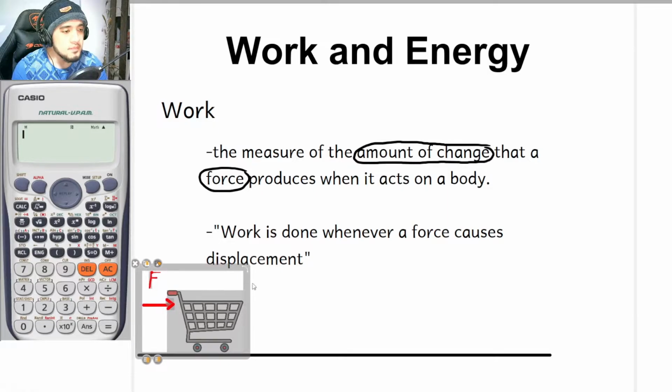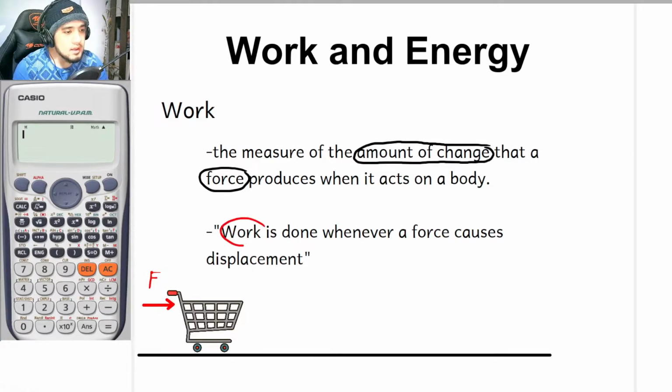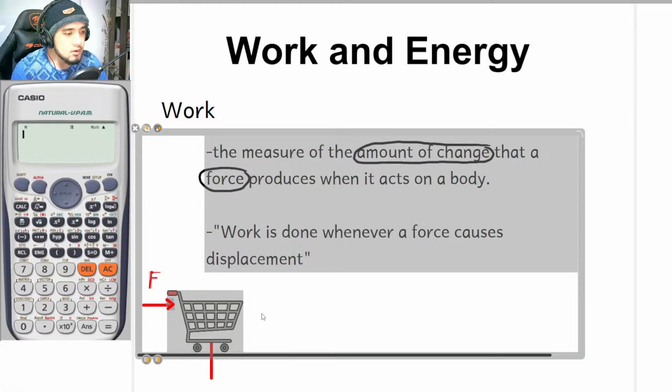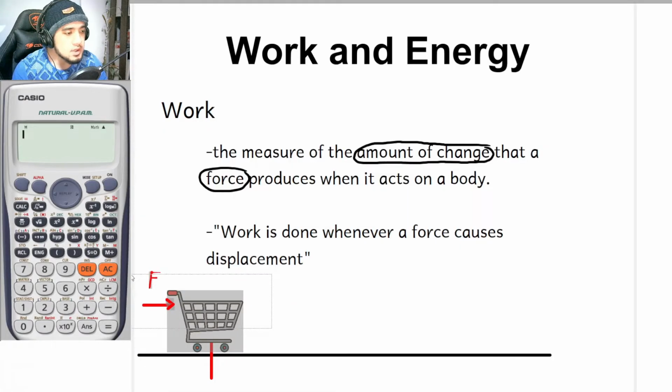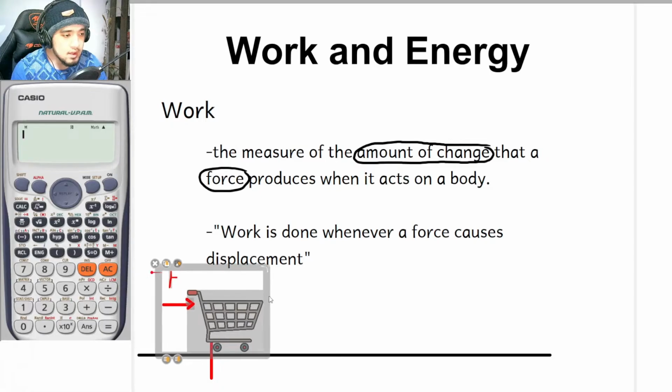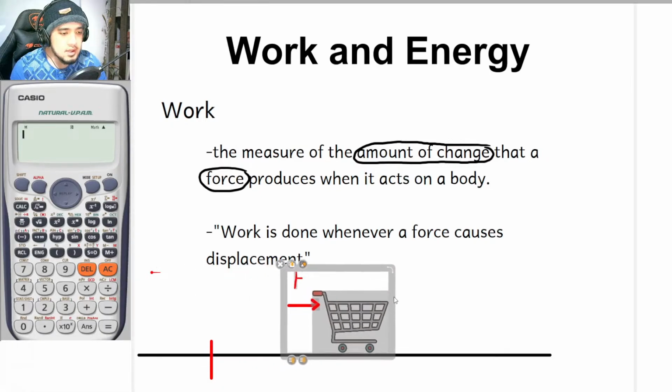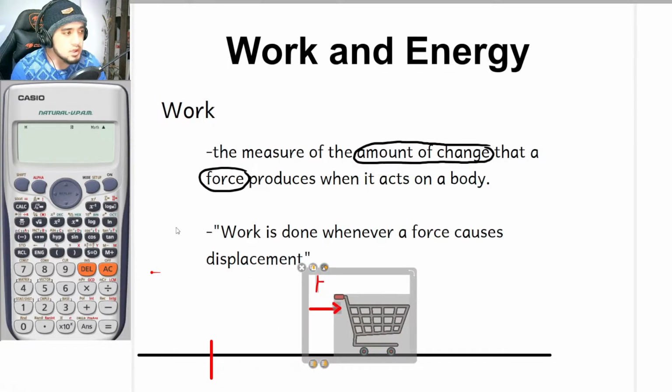So with that, work once again is done whenever a force causes displacement. Let's suppose that this is your force F, and this is its initial position. The particle moves towards the right, and this is its final position.